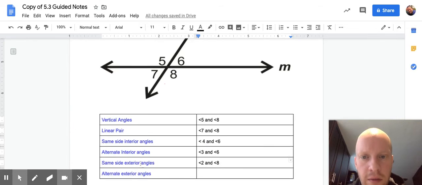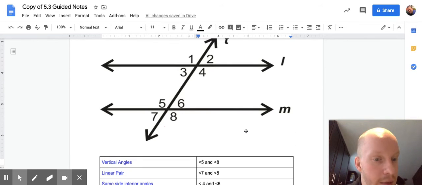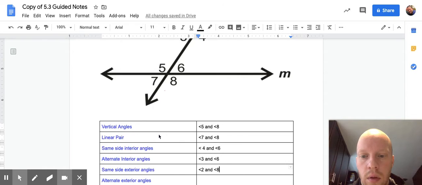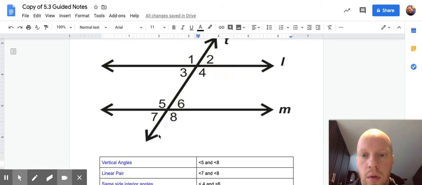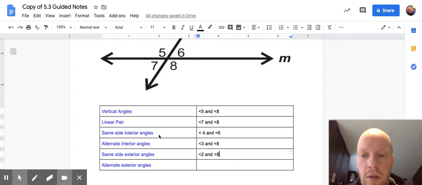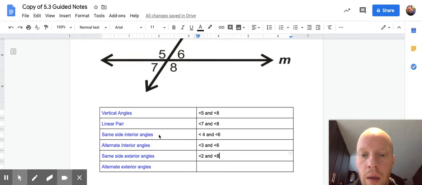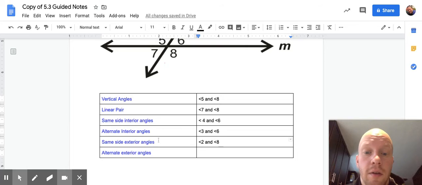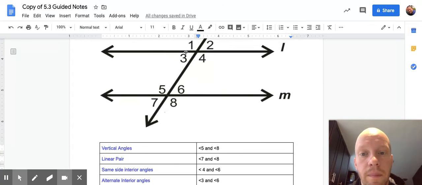Then alternate exterior. So I'm going to look at opposite sides and on the outsides. Would angles 1 and 7 be alternate exterior? No, they would not be alternate exterior. Actually, those would be same side exterior angles, right? 1 and 7.